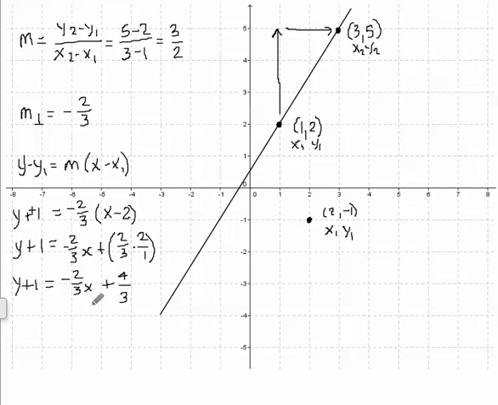Okay, now we're getting into a little bit of a crazy time, because I am going to need to subtract this 1 from both sides of this equation, but I have 4/3 and I have 1, and that's going to be hard for me to simplify unless I do some fraction work. So let's clean it up the best we can.